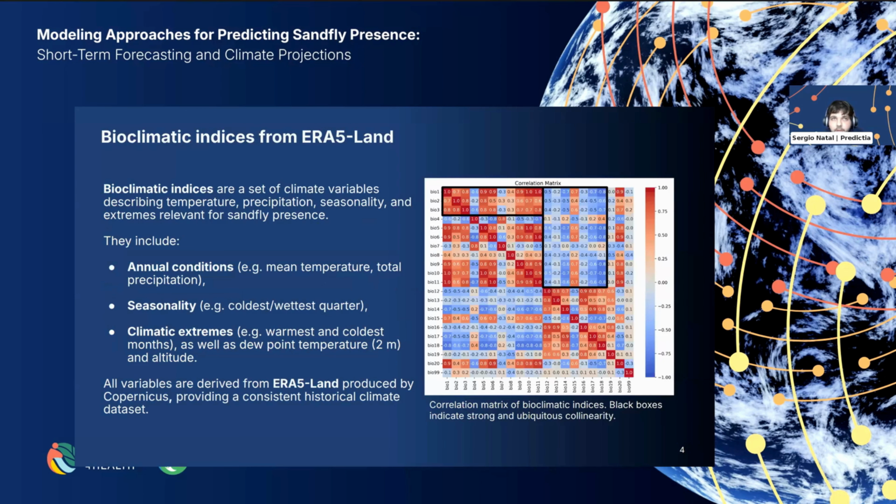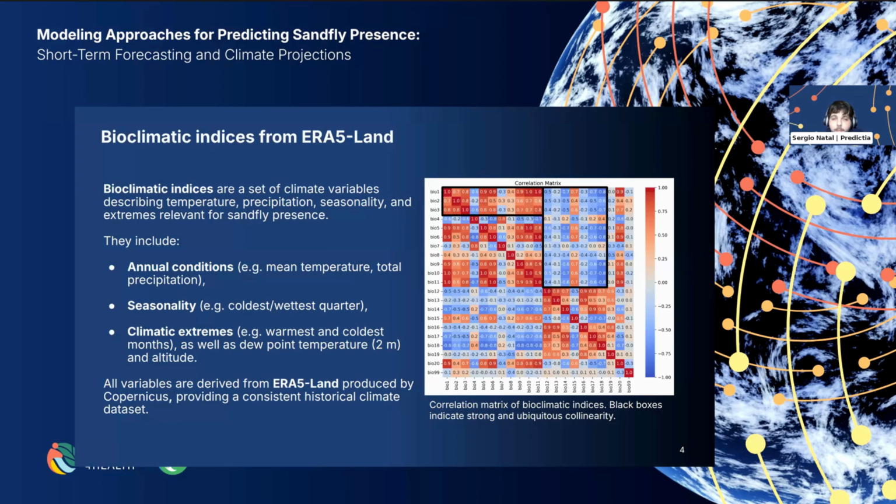For the predictors or features that we use to train the models, we use bioclimatic indexes from ERA5-Land reanalysis data produced by Copernicus. These variables represent temperature, precipitation, seasonality, and climatic extremes, as well as dew point temperature and altitude. Together, they provide a coherent climatic description of the environmental conditions that shape the sandfly ecological niche.